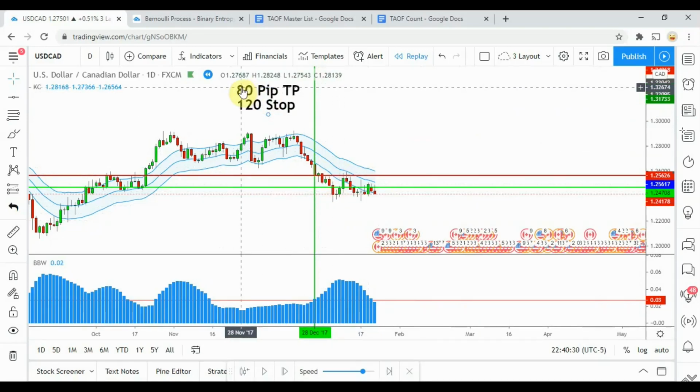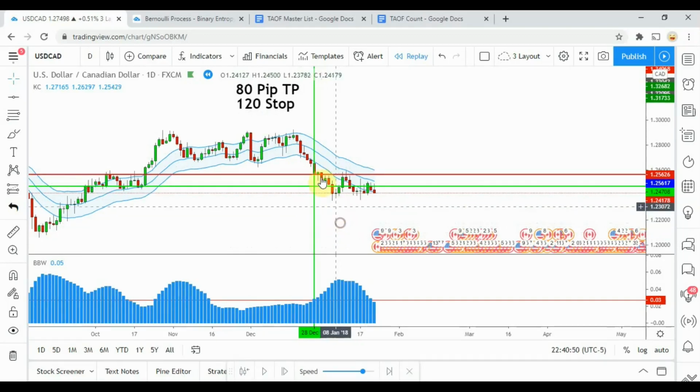We would then close half of the position at our first take profit. So at this point we have banked 80 pips on half of our position. We have moved the stop to break even. So now this is a risk-free trade, and we would ride it out for as long as it would continue to let us.